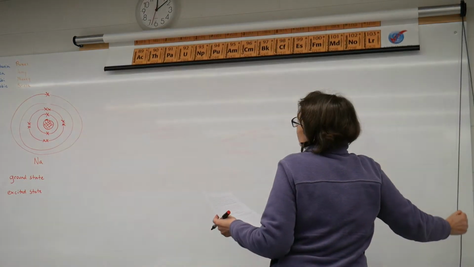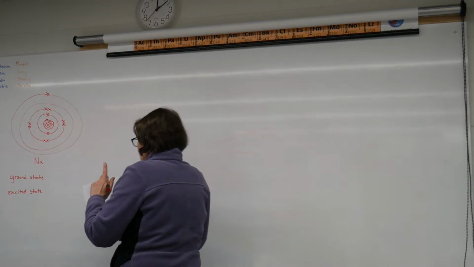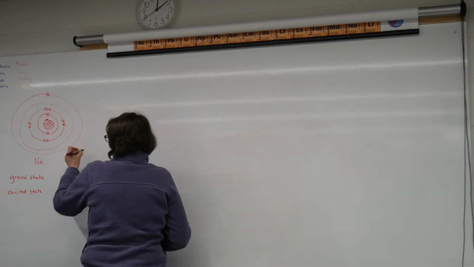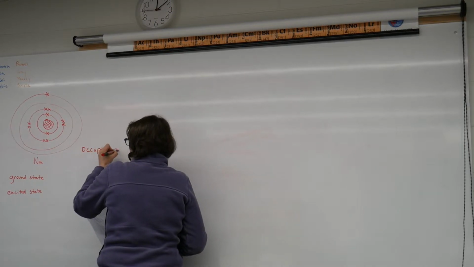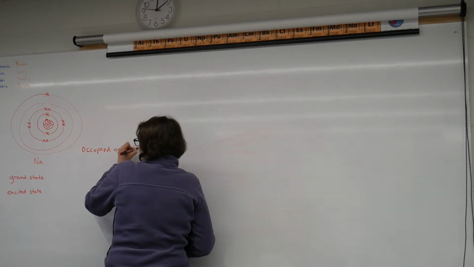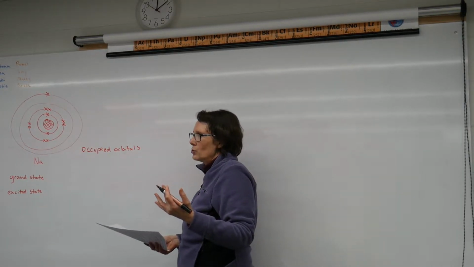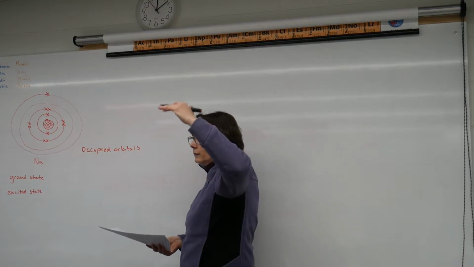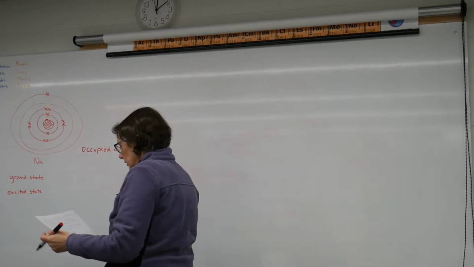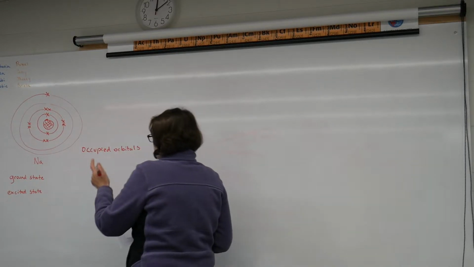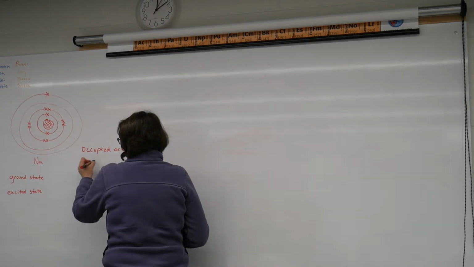We don't have to worry about his calculations, but we are interested in occupied orbitals. Because in essence there are an infinite number of orbitals that the electron could be in, just getting further and further away from the nucleus, but we want to look at the ones where electrons are actually sitting at the time. And what we're going to introduce here is principal quantum number.